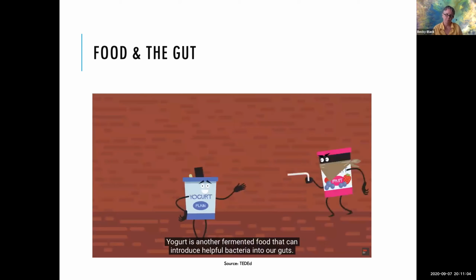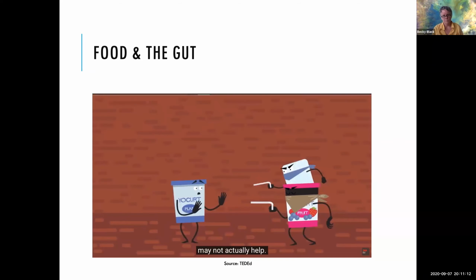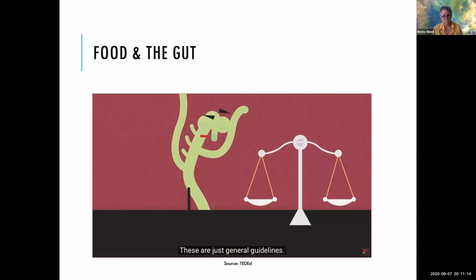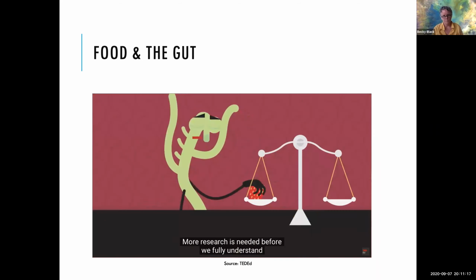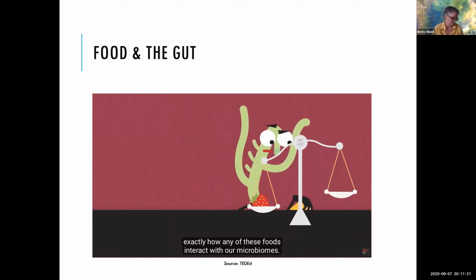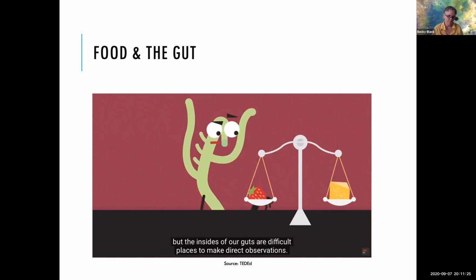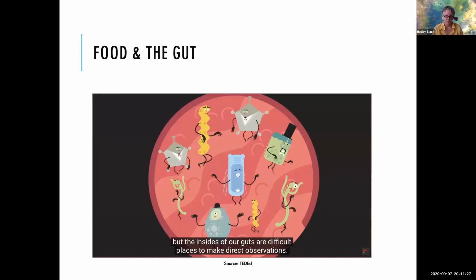That doesn't necessarily mean that all yogurt is good for us, though. Brands with too much sugar and not enough bacteria may not actually help. These are just general guidelines. More research is needed before we fully understand exactly how any of these foods interact with our microbiomes. We see positive correlations, but the insides of our guts are difficult places to make direct observations.